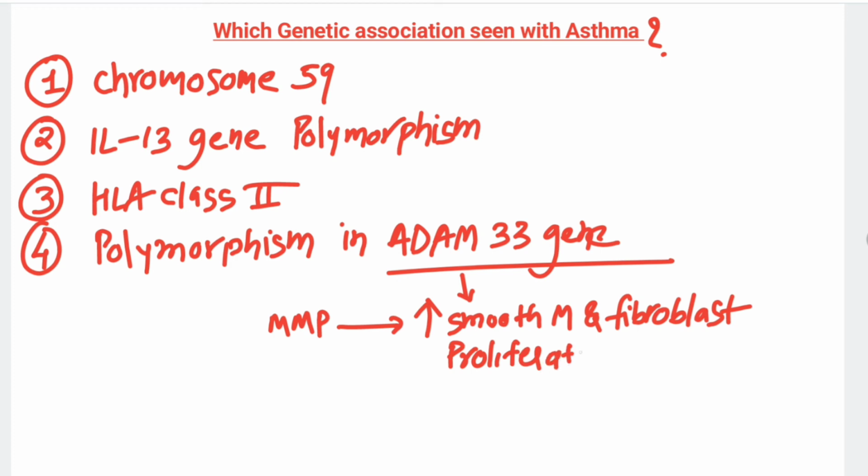The fifth one is the interleukin 4 receptor, which can be associated with asthma.